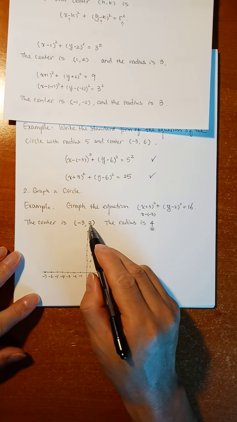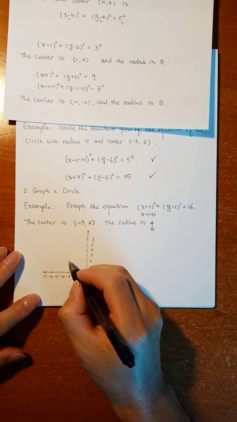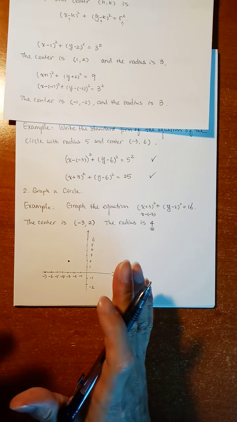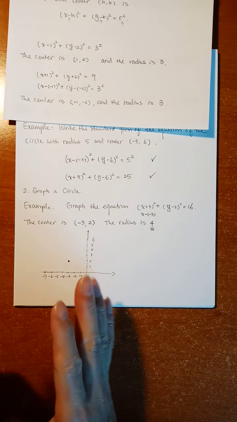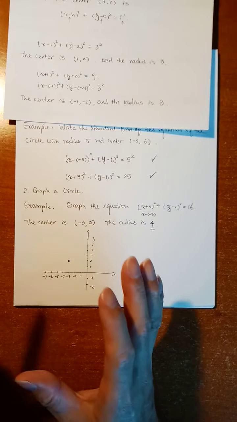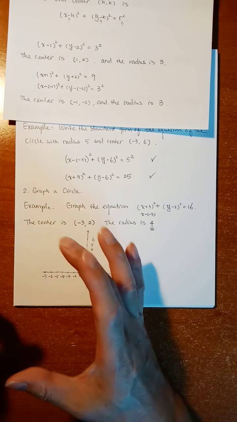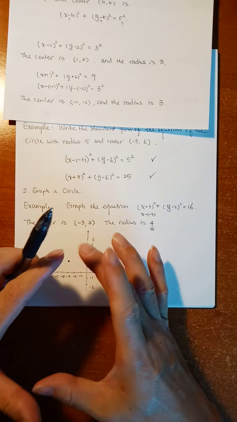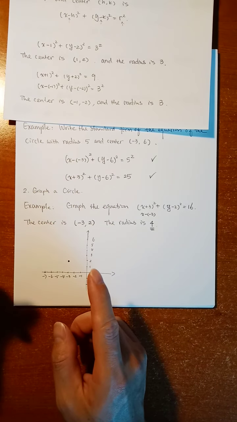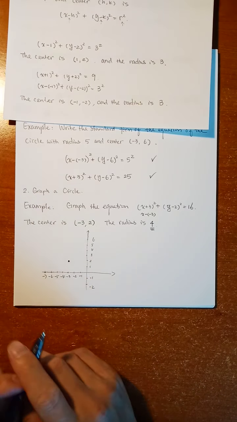The center is negative 3 and 2, it's here. Again, the center is one of the ingredients of the circle, but the center is not on the circle. The center is not part of the circle.